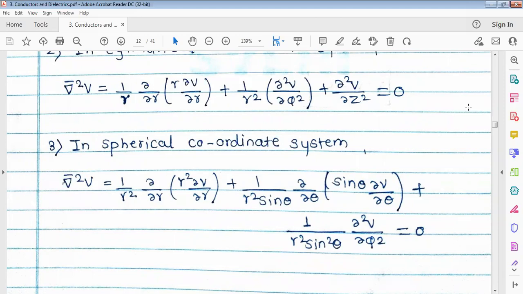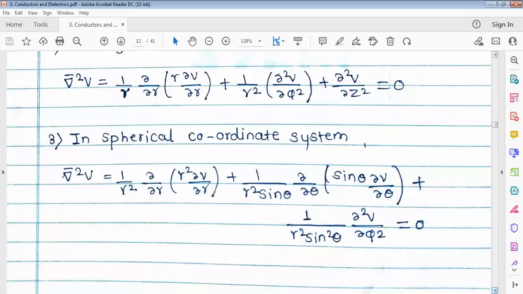Any doubt? Okay, so we'll see now with the example.